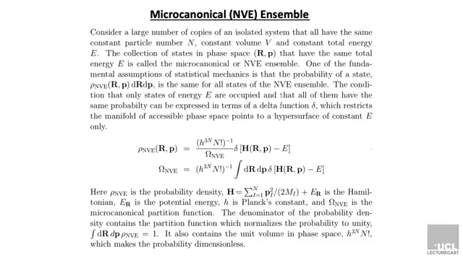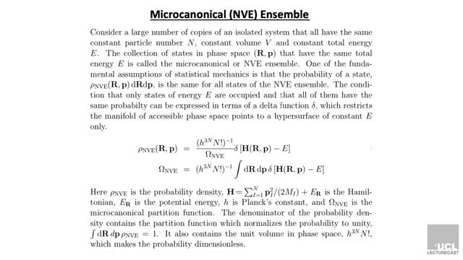Now, the microcanonical ensemble is defined as a large number of copies of isolated systems that all have the same particle number, the same constant volume and the same constant total energy. And the collection of states in phase space that all have the same energy is called the microcanonical or the NVE ensemble.